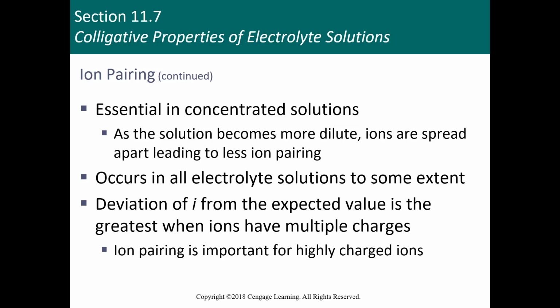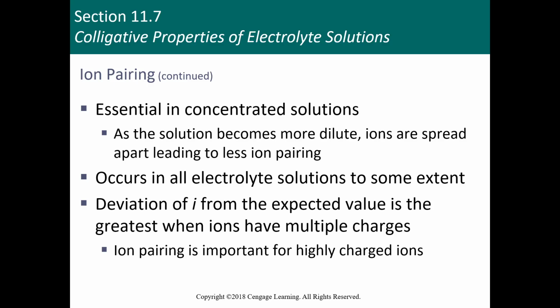In all electrolyte solutions, this will occur to some extent. You will have ions pair, they will not drop out of solution right away, and they likely will split back apart and other ones will pair. It's just a small fraction of your ions will always be like this in pretty much every electrolyte solution. The more concentrated it is, the more likely it is to happen, and certain ions do this much better than others.